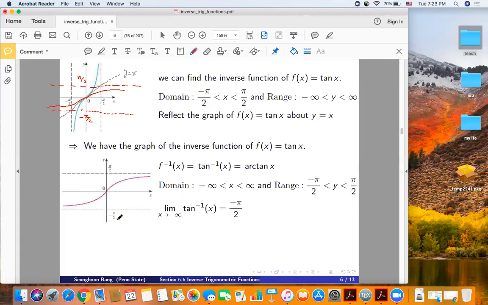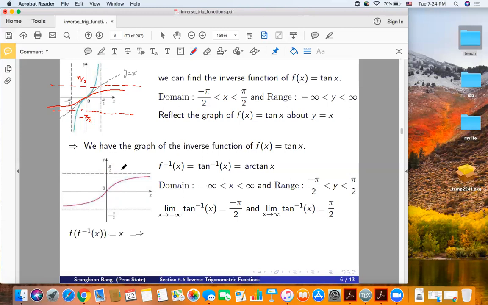So this is the answer. Similarly, the limit of inverse tangent of x as x approaches positive infinity is pi over 2, because inverse tangent of x approaches pi over 2. So we have this result.